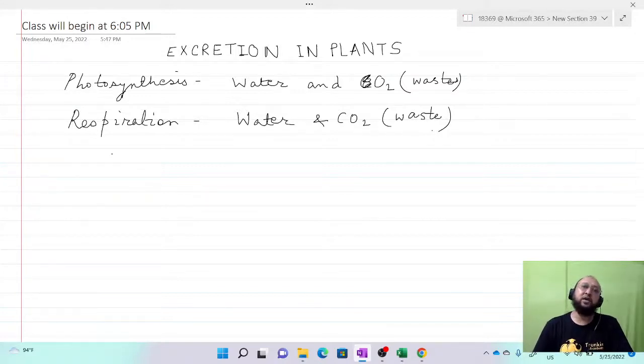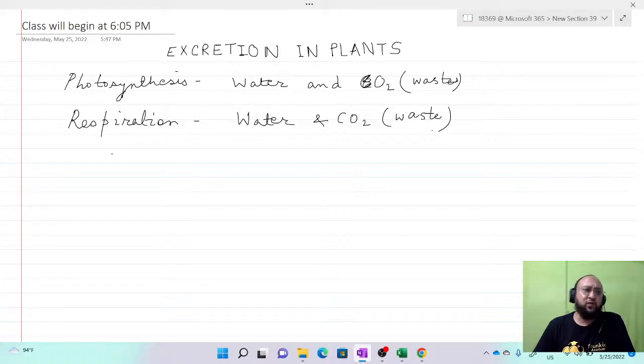So what are the plants actually doing in removal of these wastes? Unlike animals, which have specialized organs for excretion like the kidney, which is continuously involved in the formation of urine, in plants some metabolic wastes are stored in certain parts of the plant body, and that part is then detached or falls off, or remains on the body inactive.